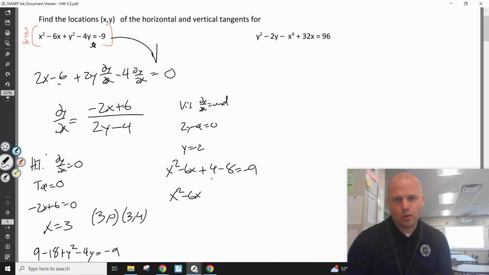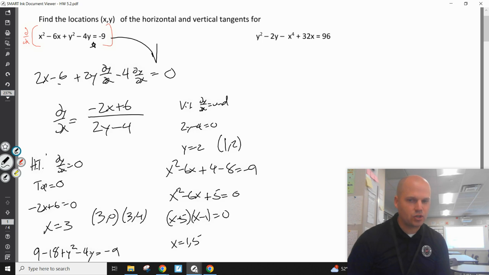I get negative 4 plus 9, which is 5. Okay. I get x minus 5, x minus 1. I get x equals 1 and 5. So that means I have the 2 points (1, 2). Make sure you list these off in correct order, x's and y's: (5, 2).